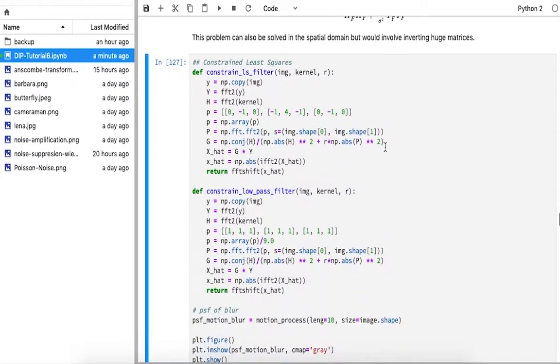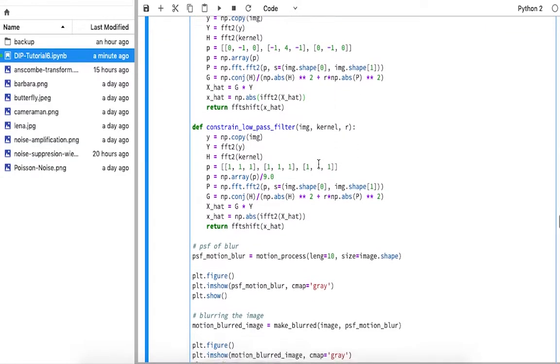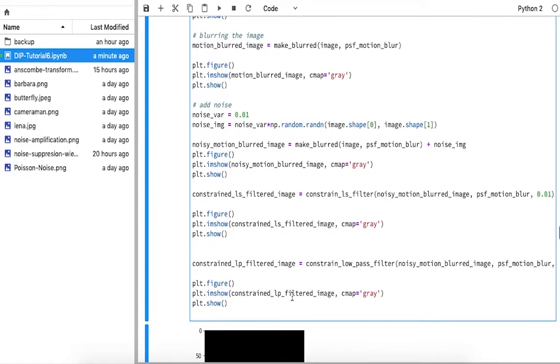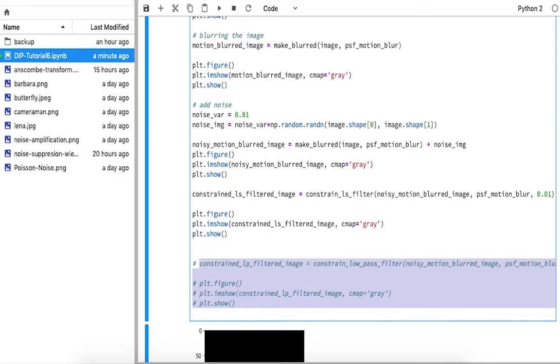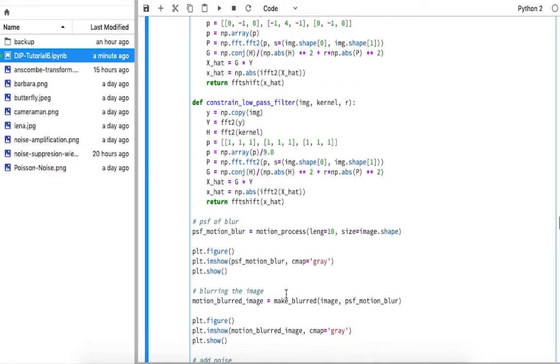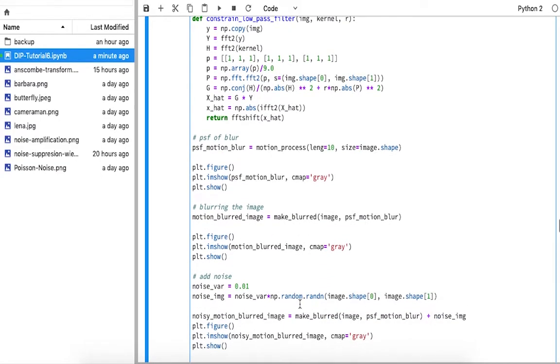Okay, so let's see how to implement this. I took two examples. Let's see the first one. In the first one, I created a motion process, and then I blur it, and then I'm adding noise.